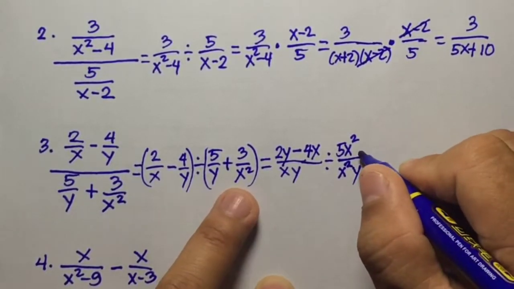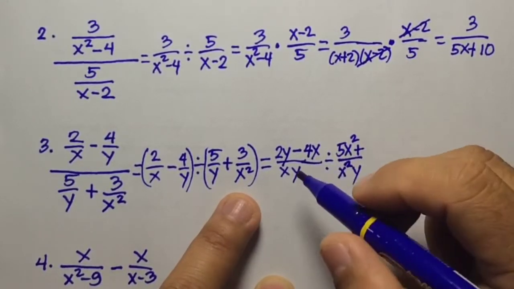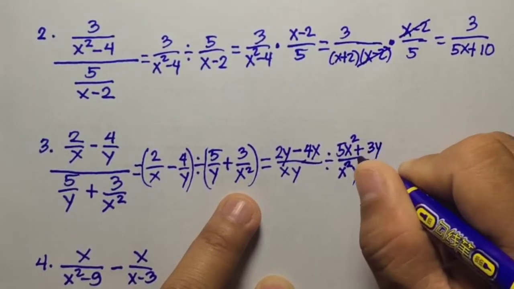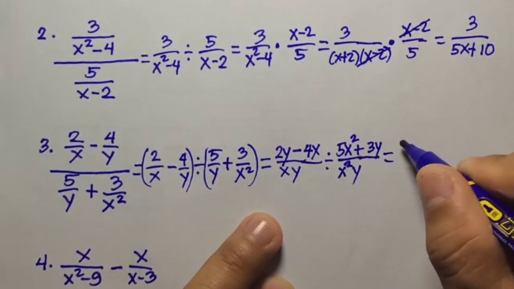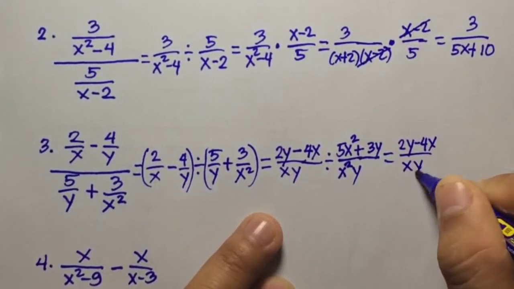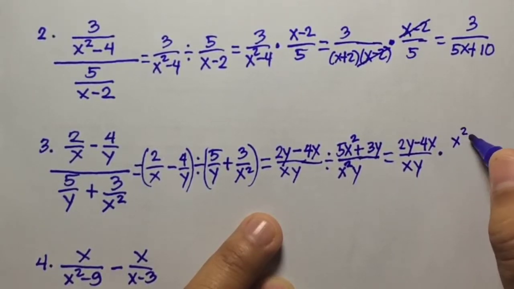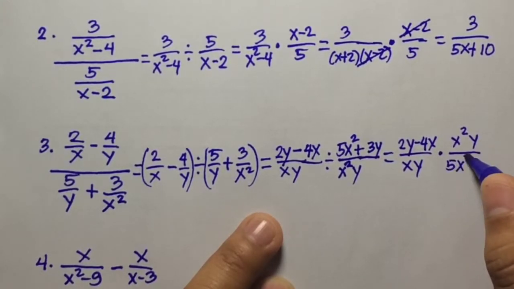Then plus x squared times y divided by x squared is y, times 3 is 3y. Then proceed to multiplication. So (2y minus 4x) over xy times x squared y over (5x squared plus 3y).